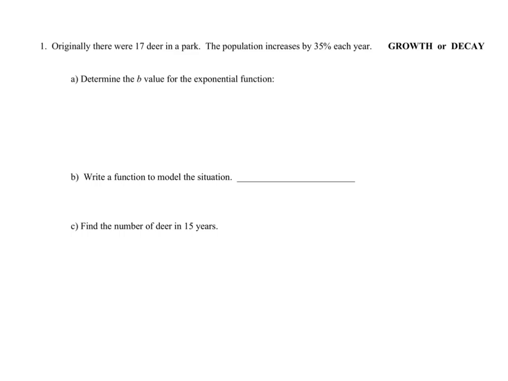Originally, there were 17 deer in the park. The population increases by 35% each year. So just like last time, I'm going to label these key pieces. This is my initial amount, so it's going to be my A value.